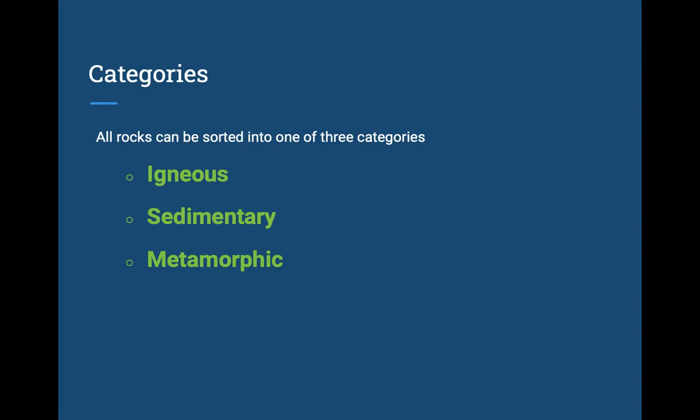This one, got to be metamorphic. And I know it's metamorphic because of this and this and this. Something along those lines. So that's the goal for today, and this is mainly what we're going to be talking about. What I want you guys to really take from this is what makes these things different.